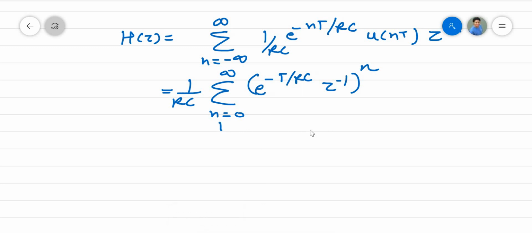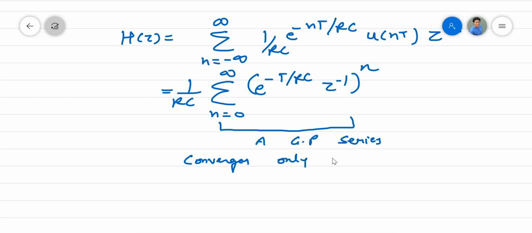Now this particular series is nothing but a GP series, and it will converge only if e to the power minus T by RC z to the power minus 1 is less than 1.